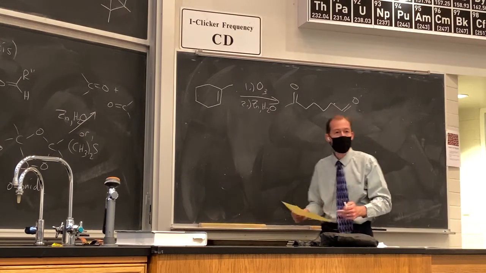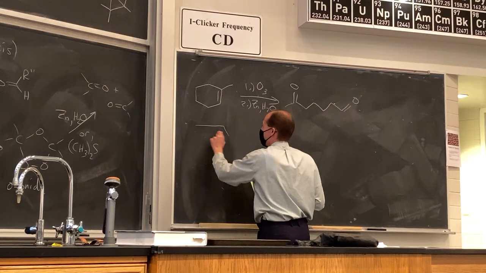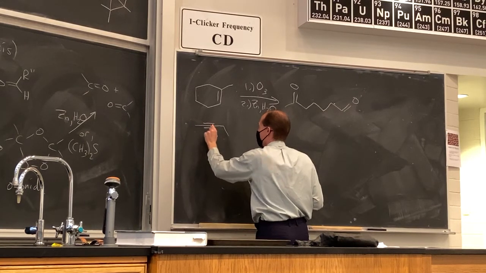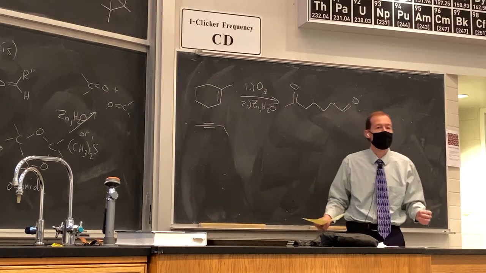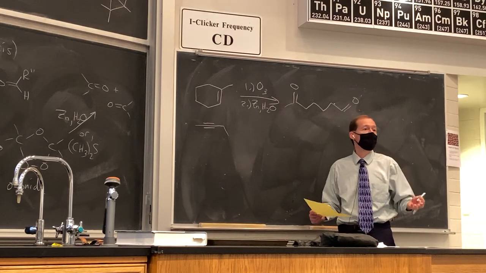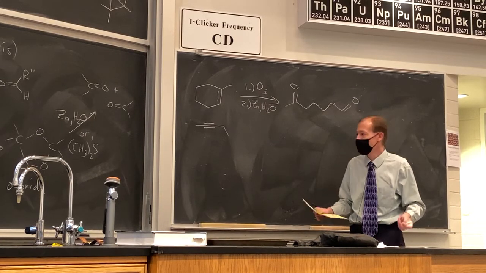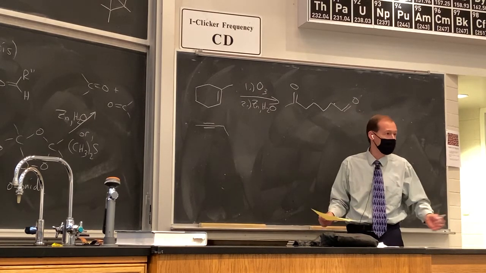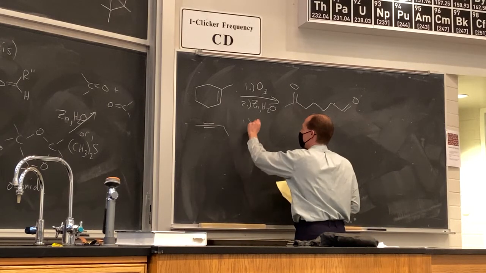We can also perform ozonolysis of alkynes. Here we have 3 carbon-carbon bonds to cleave, 2 pi bonds and 1 sigma bond. We replace all 3 of those bonds with carbon-oxygen bonds. So we end up generating carboxylic acids when we perform oxidative cleavage of alkynes.